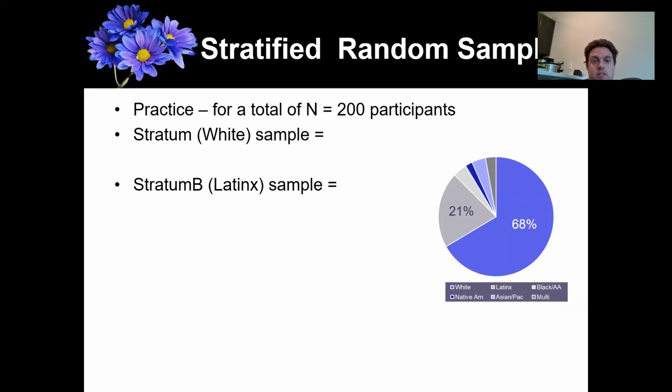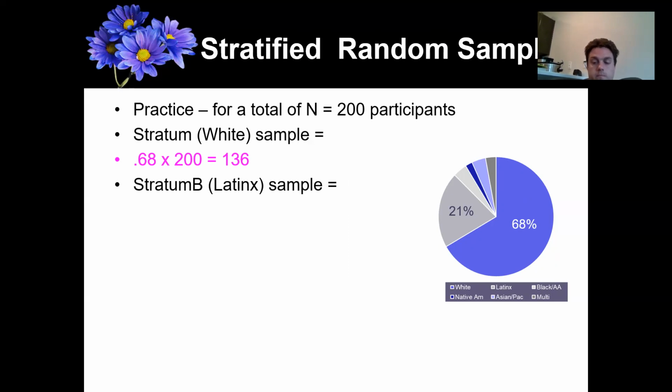So just one more example of this. Let's say I had 200 participants, so 200 people in my sample, and I happen to know that the population, let's say it's the whole US, is 68% white. Well, then I want 68% of the 200 in my sample to be white, which would be 136.